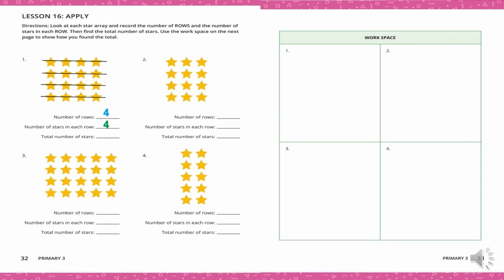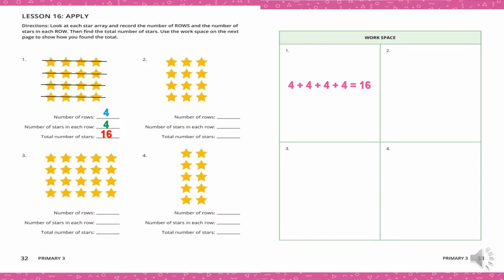We said we have 4 rows. Inside each row we have 4. So I will add 4 plus 4 plus 4 plus 4 or skip counting by 4. Do you remember the song? 4, 8, 12, 16. Stop. We repeated 4 times. So they are 16.